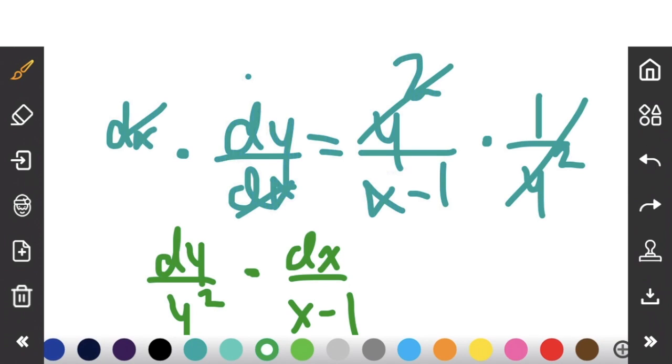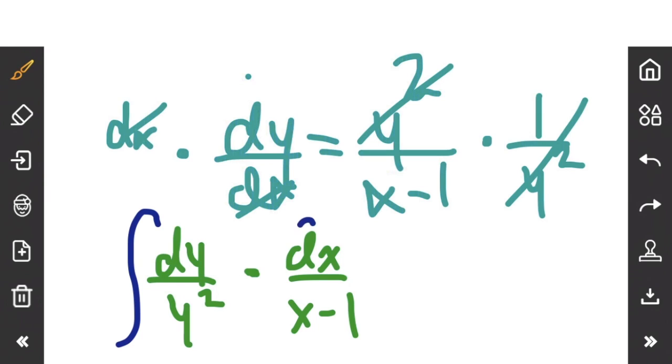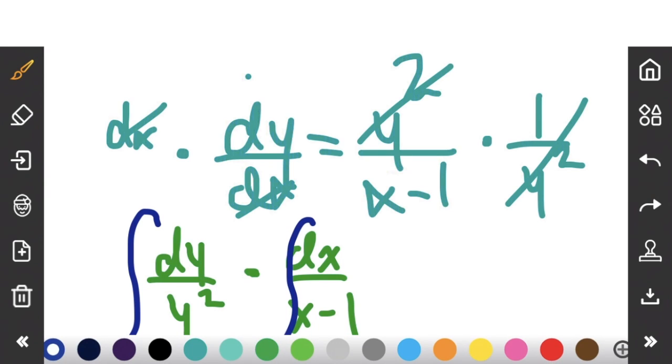And because these were differentiated, you want to take the integral to get rid of the dy and dx essentially. So you would integrate both sides, okay?